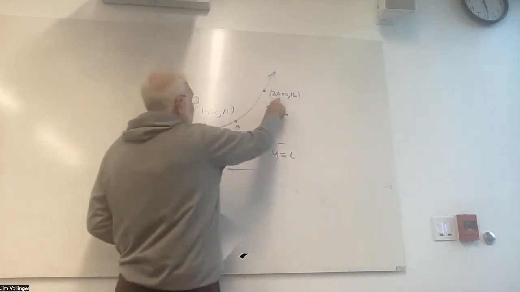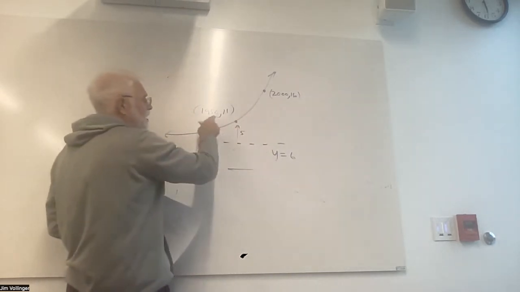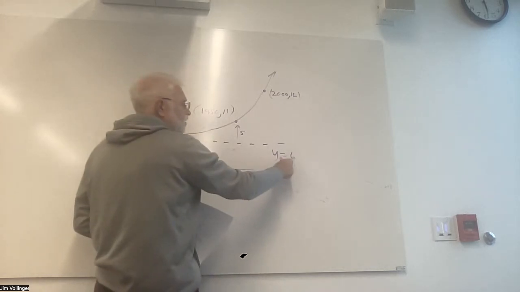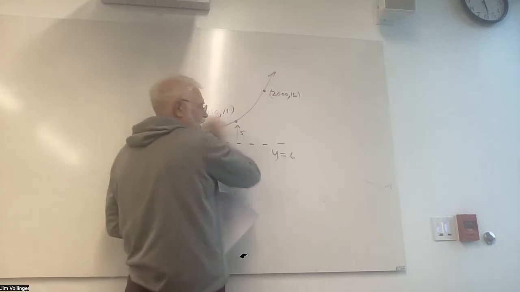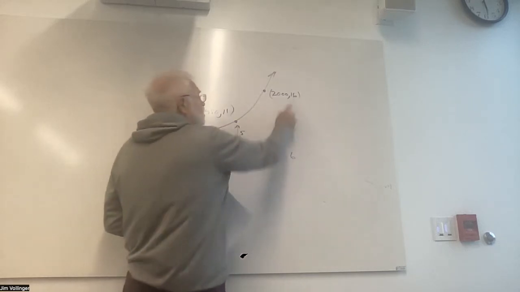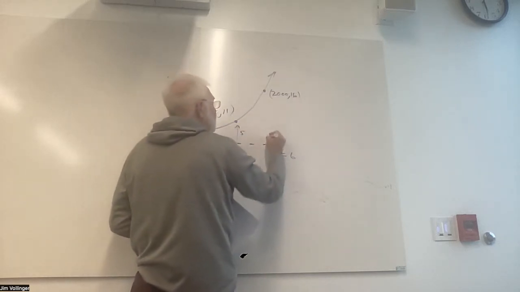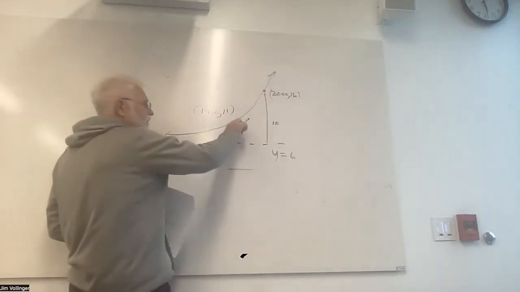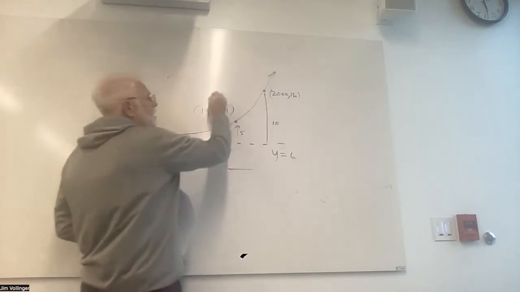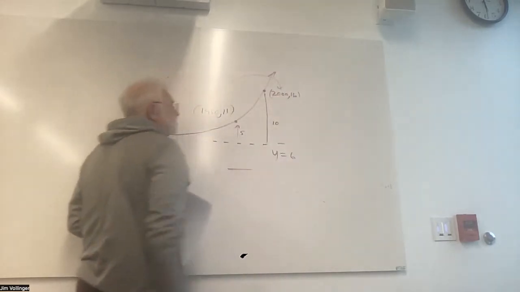And by the year 2000, we went from 6 to 16. That's up 10. It looks like this amount doubled in 50 years.